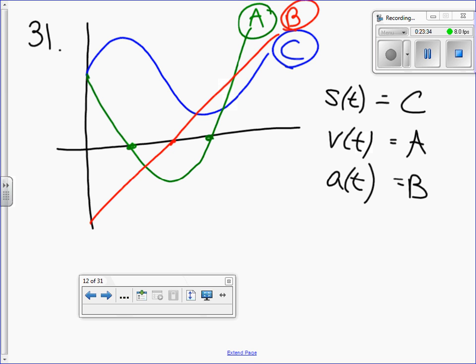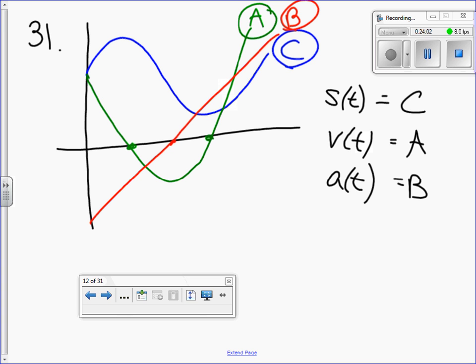And if you look at the green one, its slope is 0 here, so the red one is the derivative of the green one. Usually the higher the derivative, the nicer the function is; you lose a degree every time. So position is the blue one, the green one was velocity, and the acceleration was the red one. I like that one.